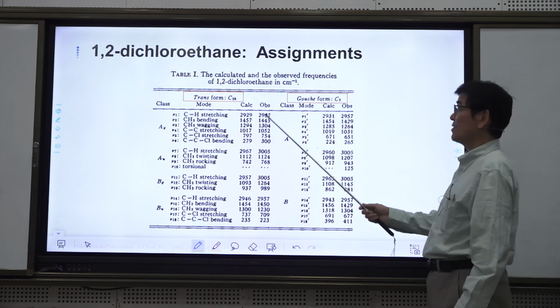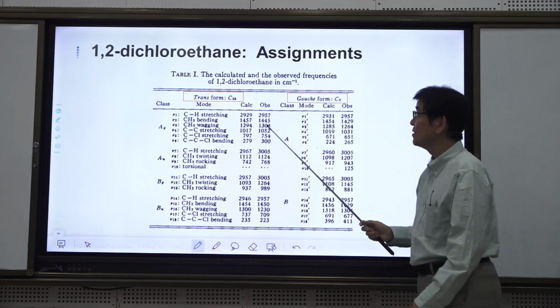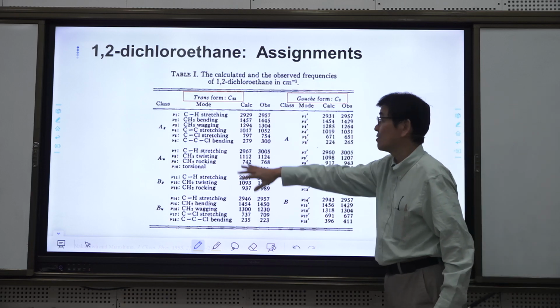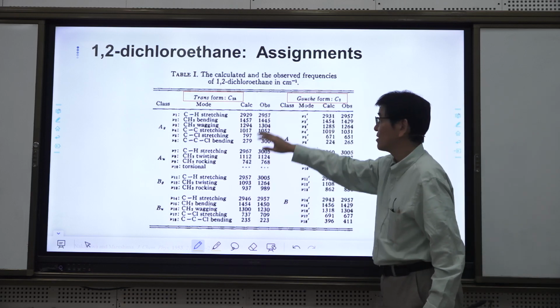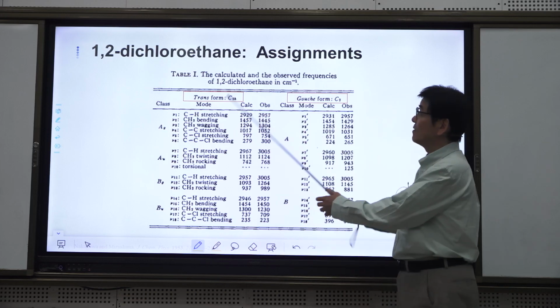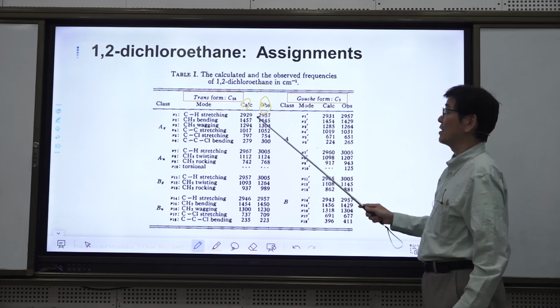And we can calculate the vibration frequency about the trans form and gauche form, respectively. So we can prepare this kind of calculated frequency and observation frequency, and we can check these two calculated number and observed number correspond to each other.